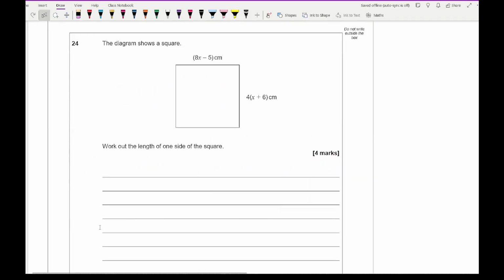Moving on to question 24, it says the diagram shows a square. It says work out the length of one side of the square. Well, if it is a square, it means that these two things must be equal to each other. So I've got 8x minus 5 equals 4 lots of x plus 6. I then expand the brackets, in which I get 4x plus 24.